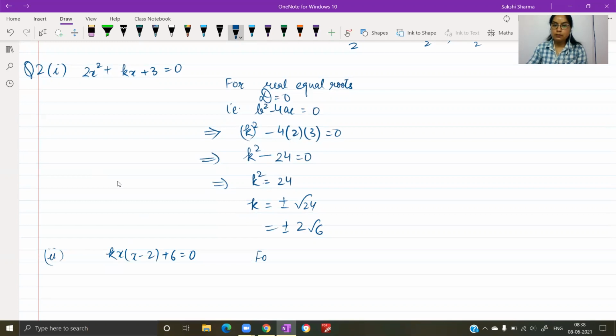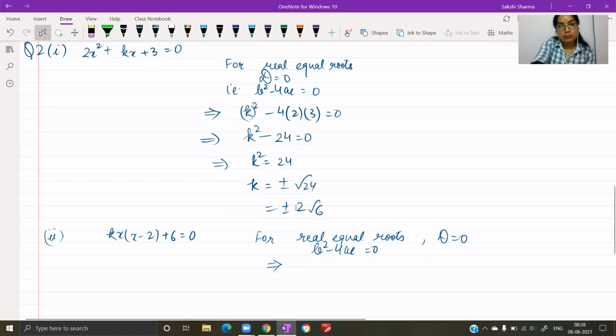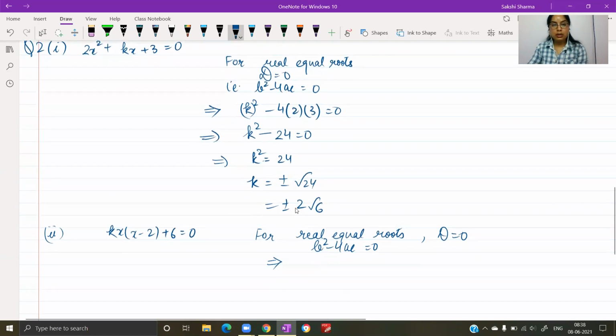Again, the same condition for the quadratic equation to have real equal roots. The discriminant will be equal to 0. b square minus 4ac will be equal to 0. We don't have the values for the coefficients as such. So you can simplify your quadratic equation in order to separate the coefficients for x square and x.